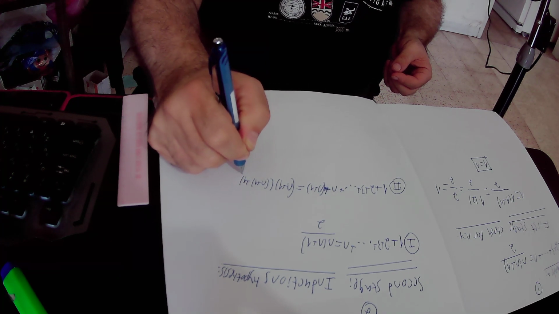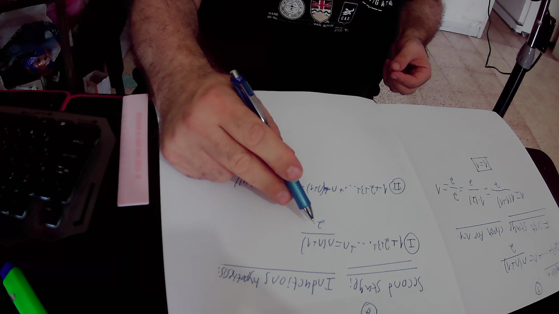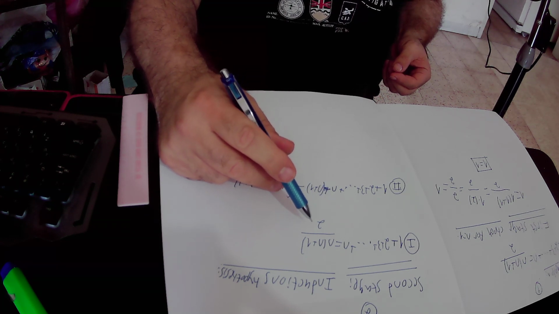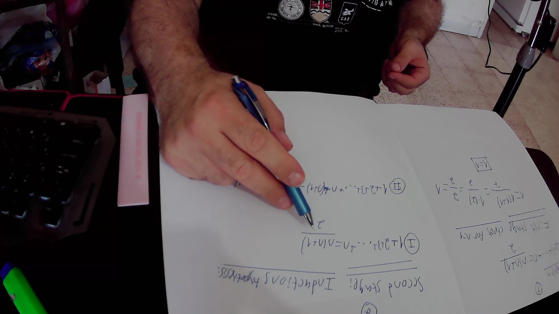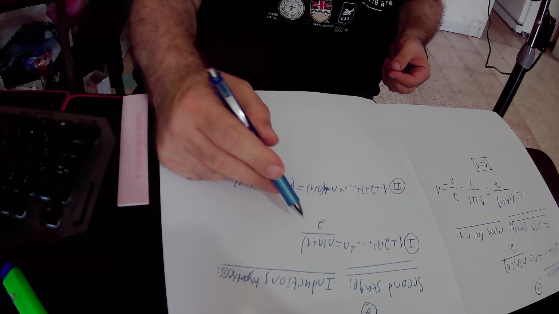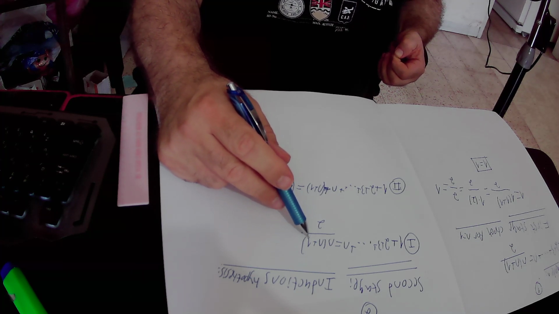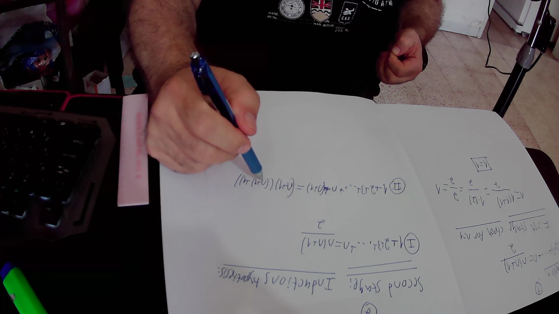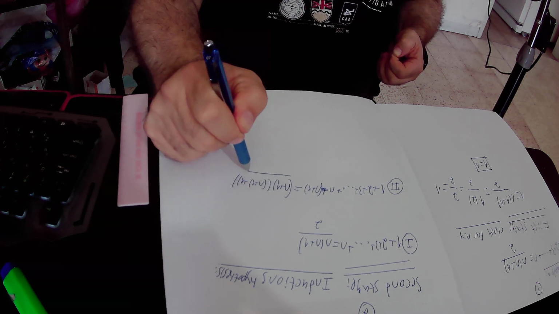We open the brackets, and in the brackets, instead of n, we will write n plus 1, and then we will have to add 1, so it will be n plus 1 plus 1, and we divide all by 2.